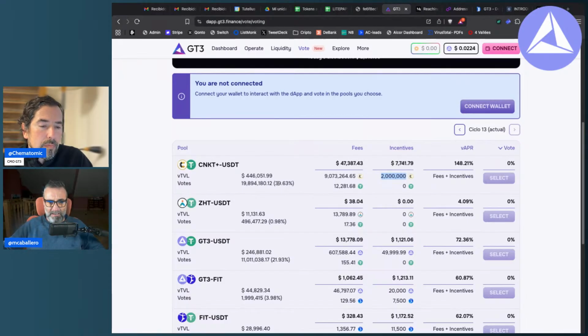And people are voting now, like just close to 40% of the total voting power is voting here because they want the money. It's normal. So we are helping this protocol, CNKT, to get liquidity, to get purchases to their token, to their pool, to be recognized.